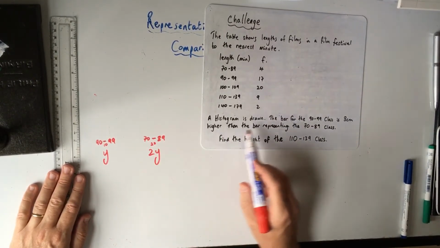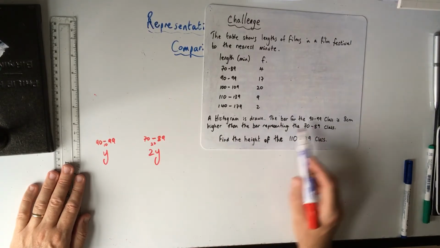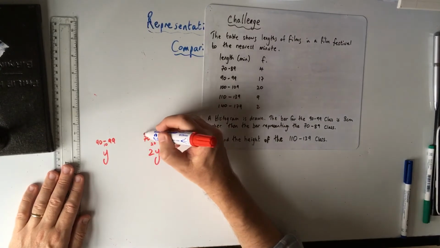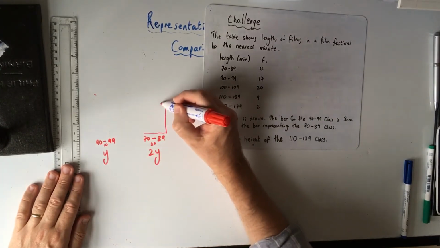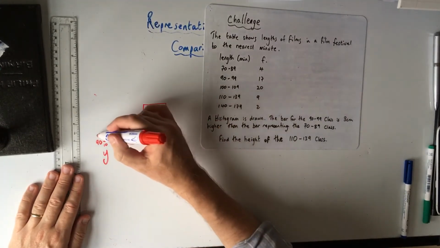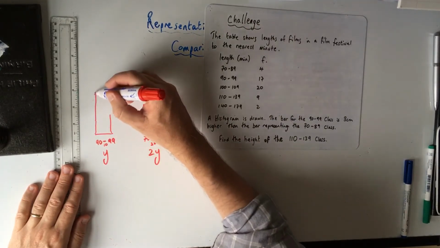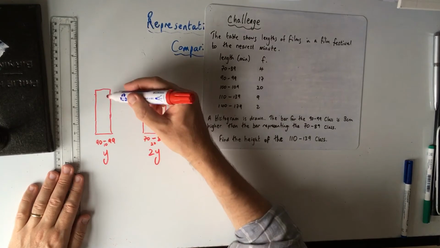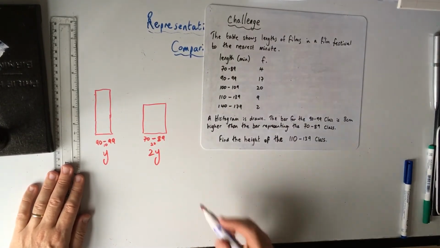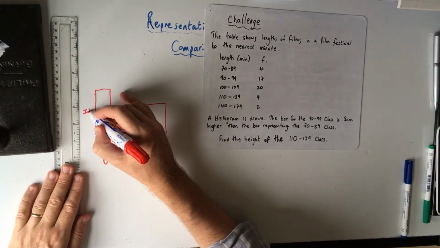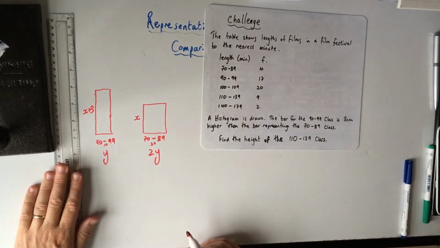It says that the bar representing the 90 is 3 centimetres higher than this bar, okay? So let's draw this bar in. There's that bar, and this one is twice as wide, and this one is 3 centimetres higher than that one. So let's call this one x and this one x plus 3. Okay.